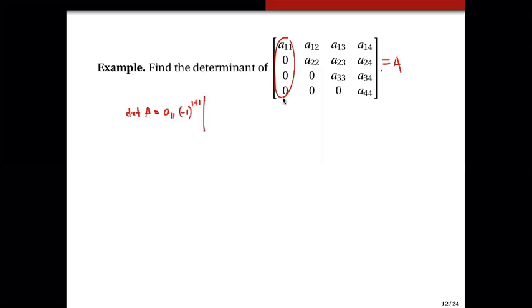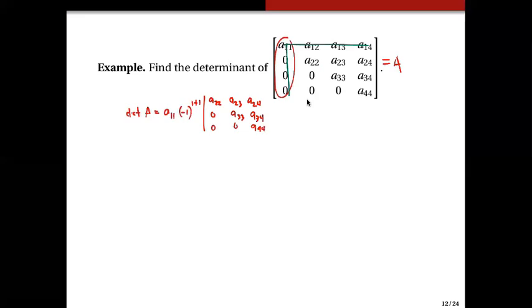determinant of the remaining submatrix, which is this guy. We delete this row and this column, so the remaining submatrix is A22, A23, A24, then 0, A33, A34, 0, 0, A44.